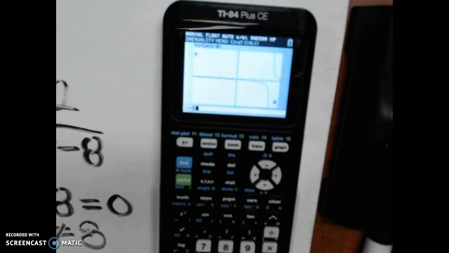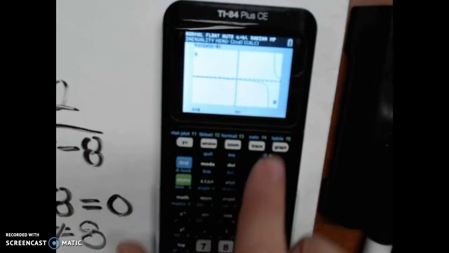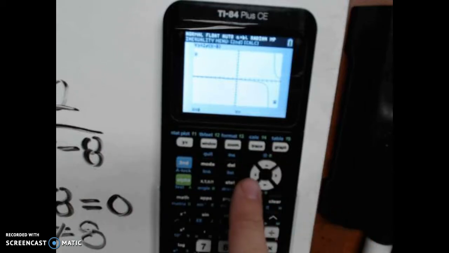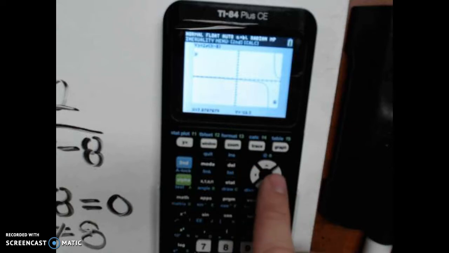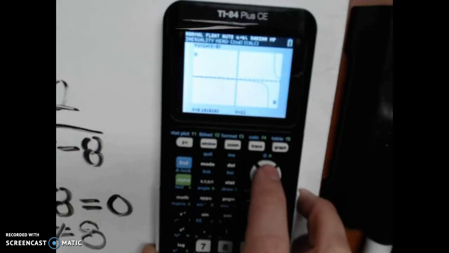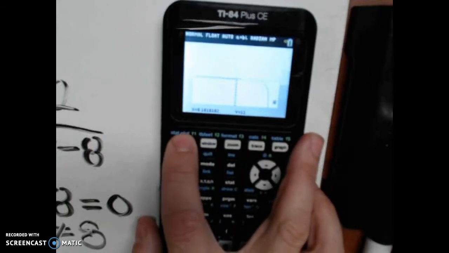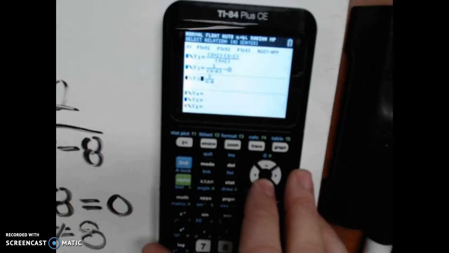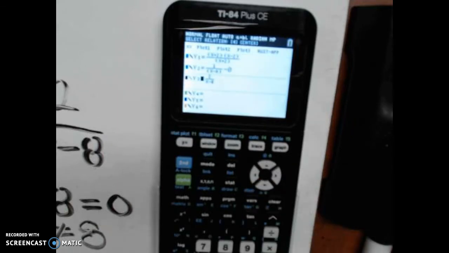If I trace and I put 8, it has no answer there for y. But if I go slightly to the left, then yes, it does. It's very, very negative. Or go slightly to the right, I get something that's very, very positive. So that's what happens when you find an excluded value. It's just going to be a vertical asymptote, and on your graph you're going to draw a dotted line.